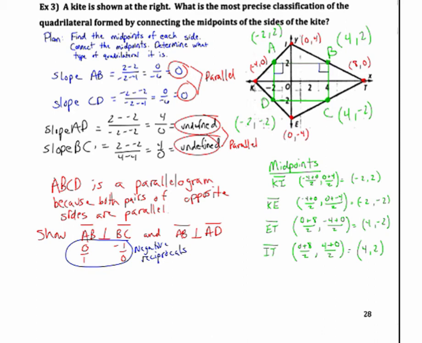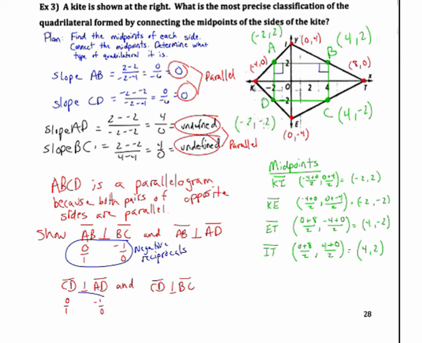Well, what I also need to show is that CD is perpendicular to AD and that CD is perpendicular to BC. And for the same reasons, the slope of CD again is 0 over 1, then the slope of AD is undefined, which we could write as negative 1 over 0.